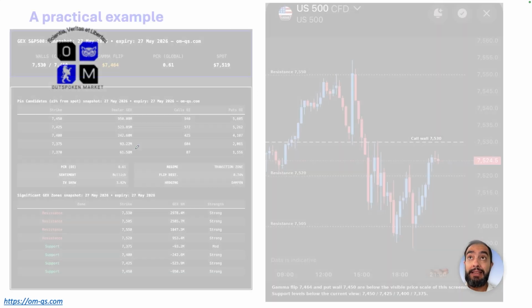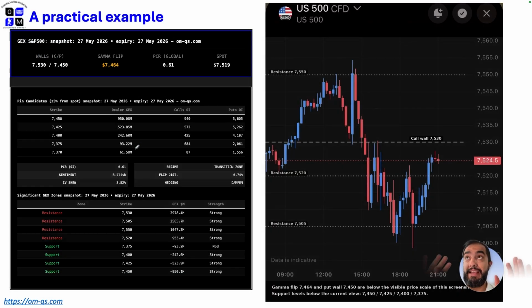levels. Let's start with yesterday, the 27th of May, on which we had a positive GEX environment and everything was pretty much regular. And the gamma levels, in this case, they go more than perfect.